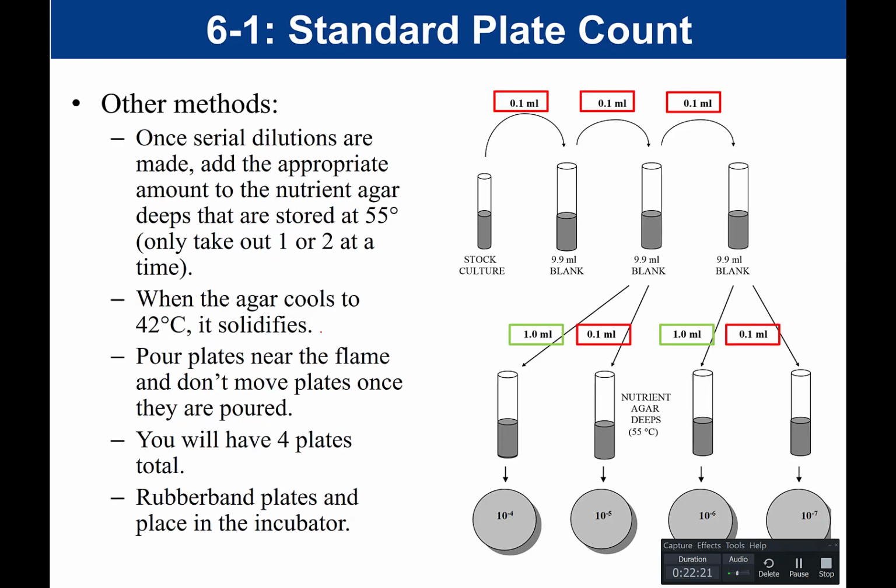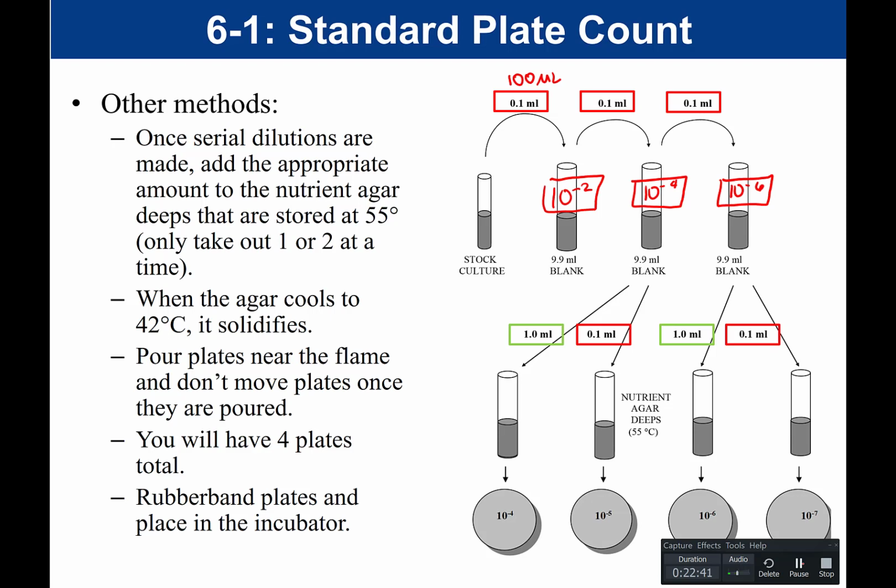Now, what you would do in this experiment is that you would need to start by making your serial dilutions, right? And so you would take your P1000 and you would set it to 100 microliters.